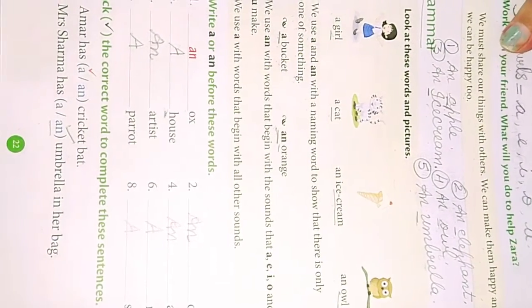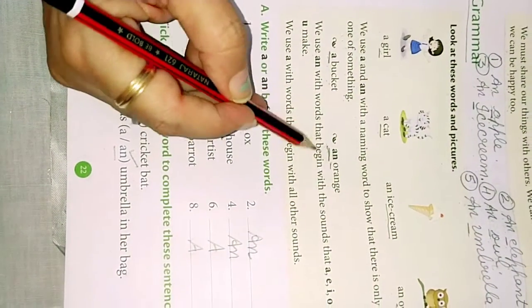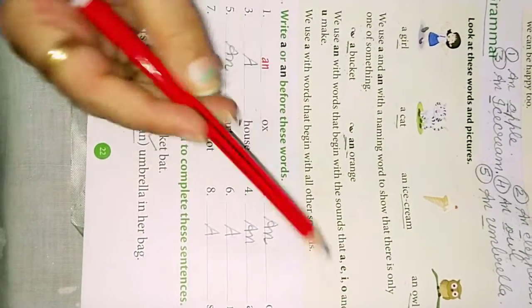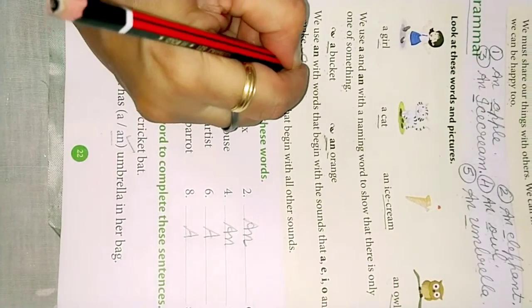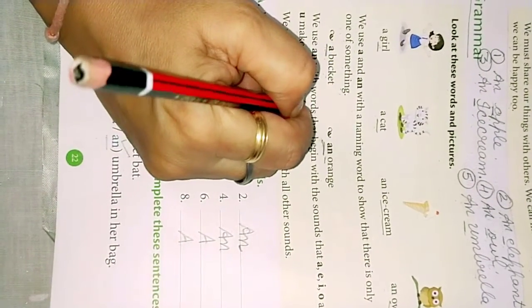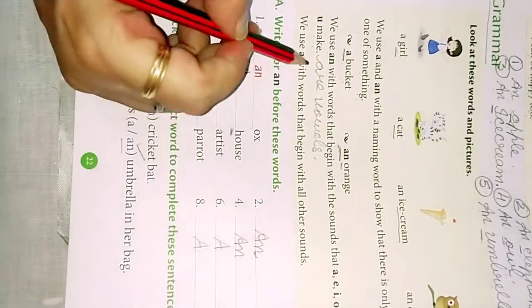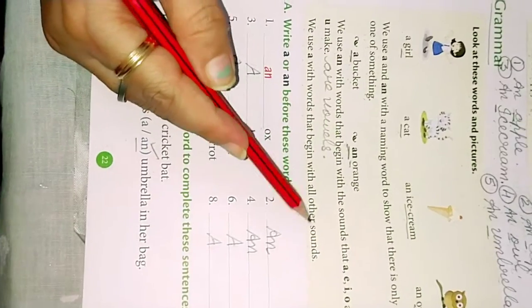And what are the rest of the words called? They are called consonants. So we use an with words that begin with the sounds A, E, I, O and U. So these are our vowels. We use a with words that begin with all other sounds.